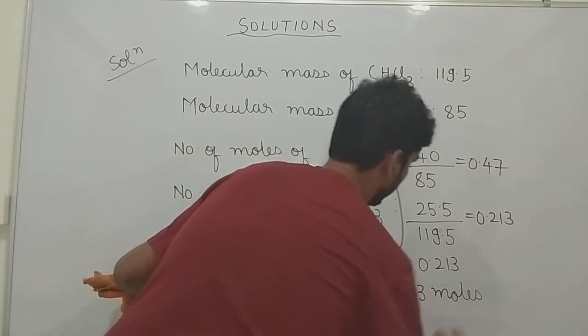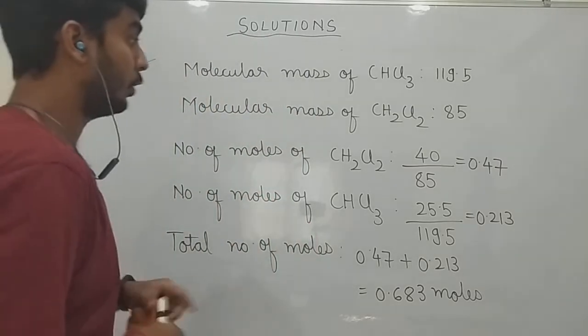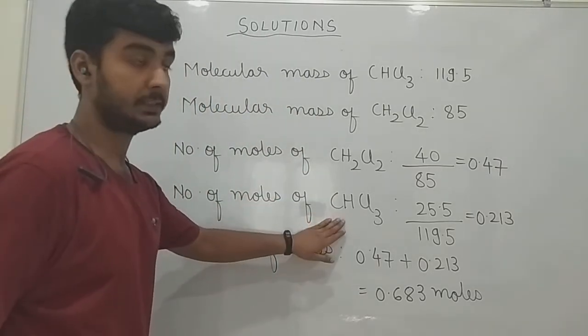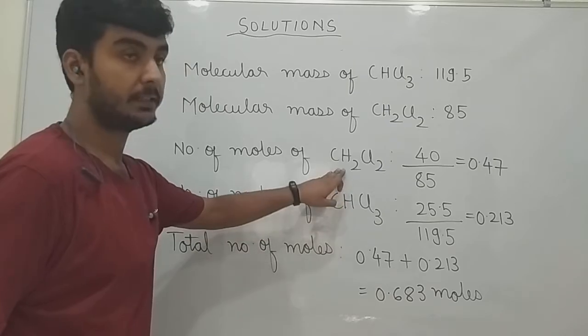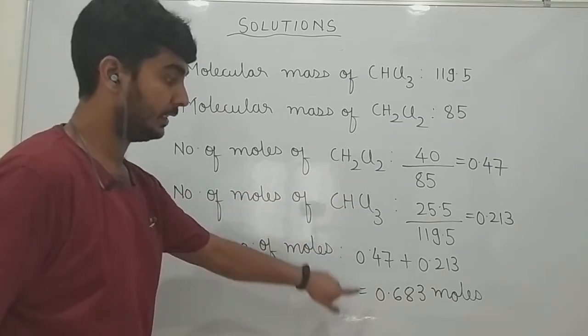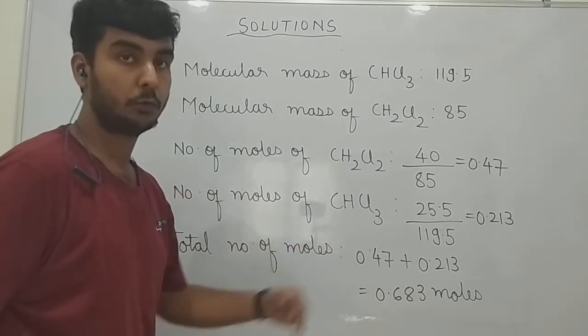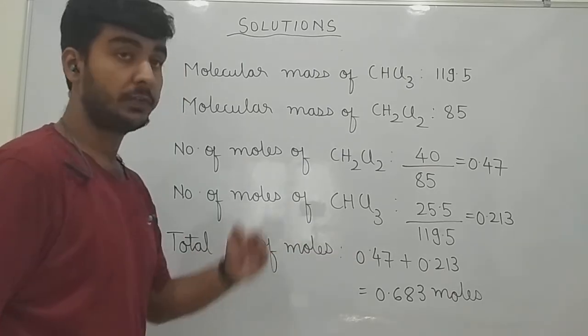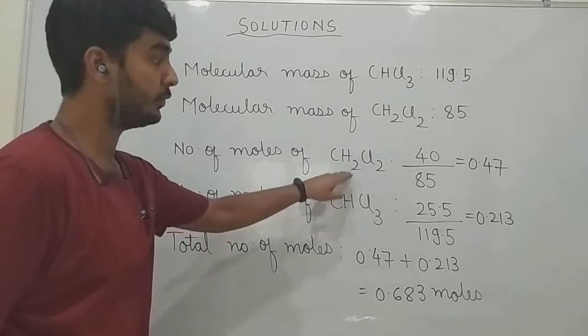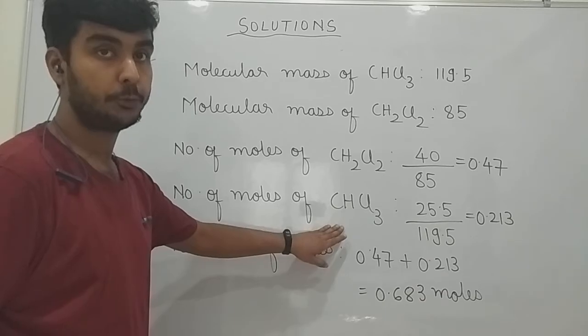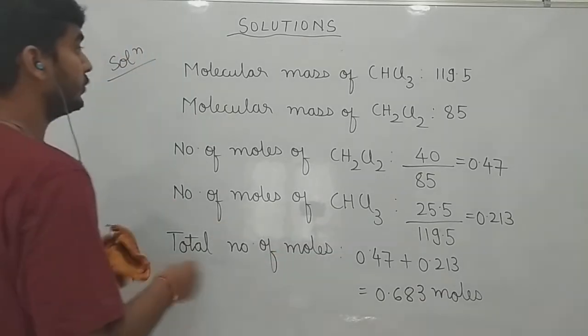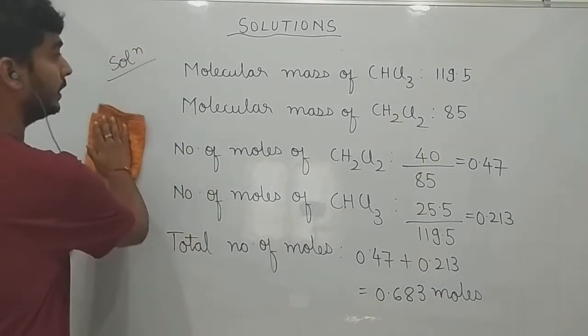So we have found the number of moles of the two components which are present in the solution, and then we have found the total number of moles also. So we can find the mole fraction of each of these components in solution.